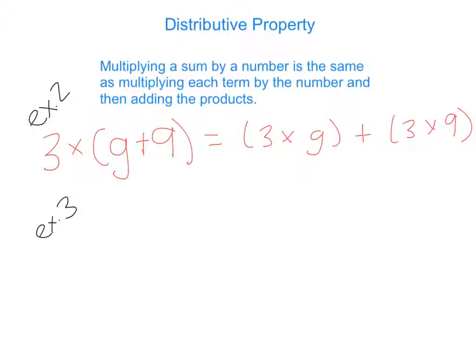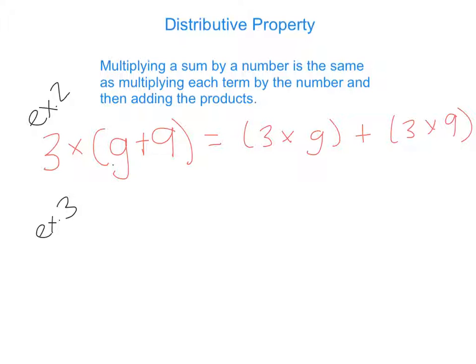Let me show you an example. Yes, you need to write this down, because seeing it is the best way to come back and refer to it later. So if I have 3 times g plus 9, with g plus 9 in parentheses, an equal expression is 3 times g plus 3 times 9. I want you to see where those numbers went.